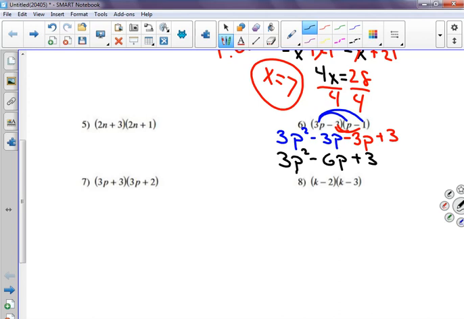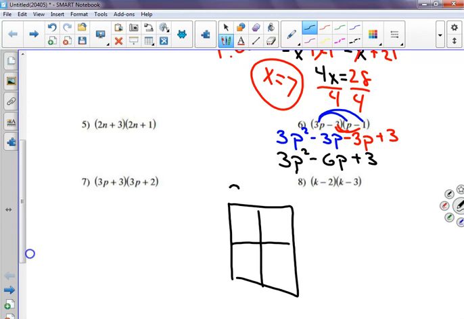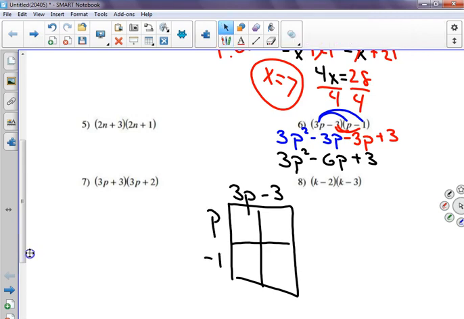Now, how do I want to do this? Here, we'll do the same one, but we'll do it down here, just so we can compare answers. So again, this is called the box method. You put one binomial up here, doesn't matter which one, 3p minus 3. The other binomial over here, p minus 1. Then you just play battleship.